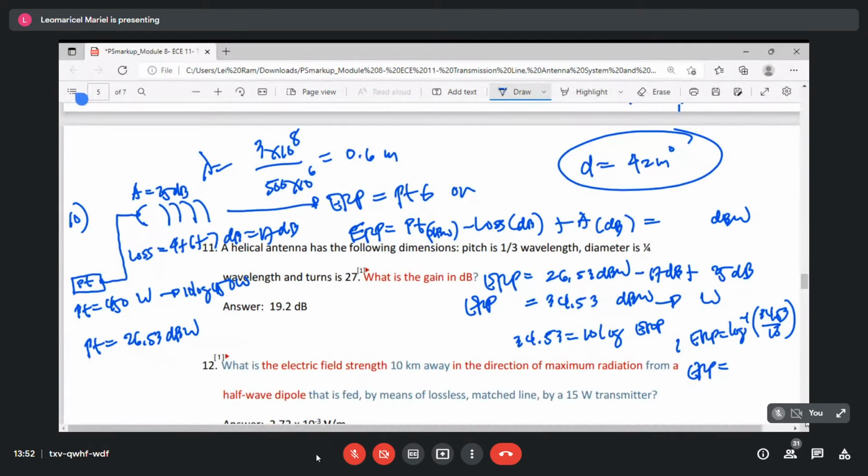Divide 10. Tapos shift log. Ilan? Malaki nga yan. 2837 o 38 watts. So, yun yung effective radiated power.